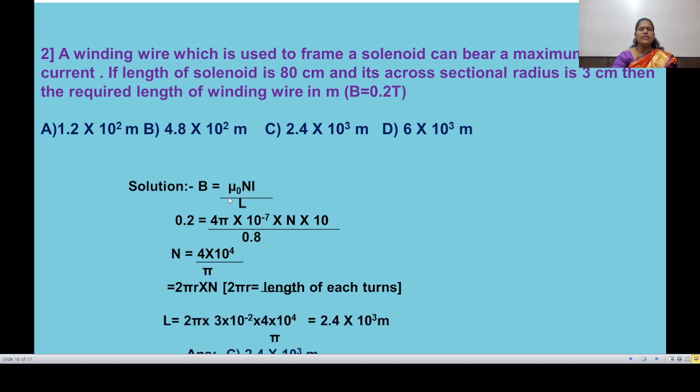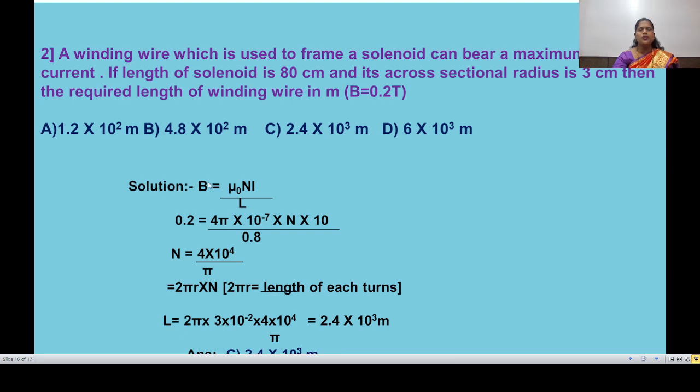If the length of the solenoid is 80 centimeter and its cross-sectional radius is 3 centimeter, then the required length of winding wire in meters, with B equal to 0.2 Tesla, is: A, 1.2 × 10^2 meter, B, 4.8 × 10^2 meter, C, 2.4 × 10^3 meter, and D, 6 × 10^3 meter.